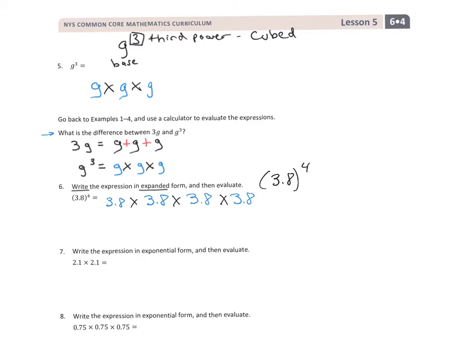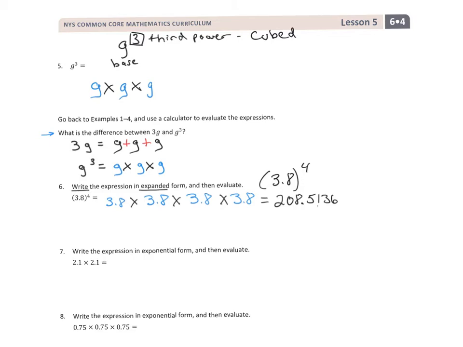If you use a calculator to figure that out, you will now know that the answer is 208 and 5,136 10,000ths. As long as you wrote the number, then you are fine.